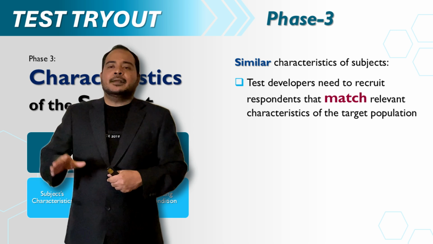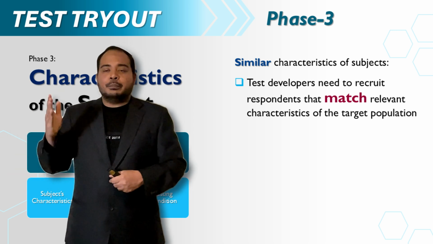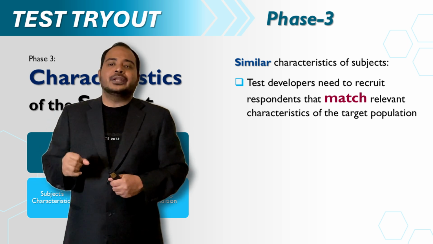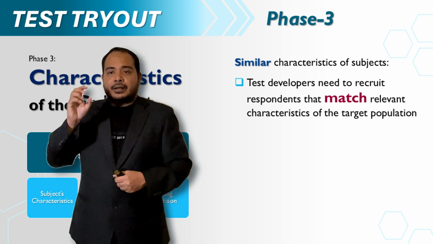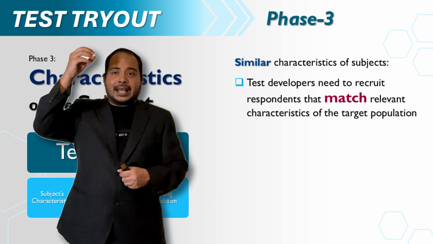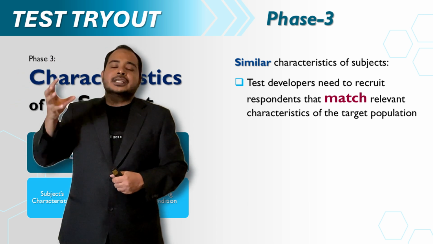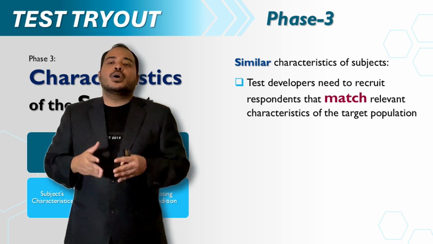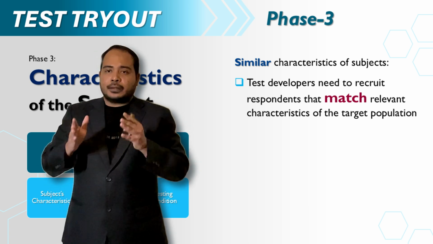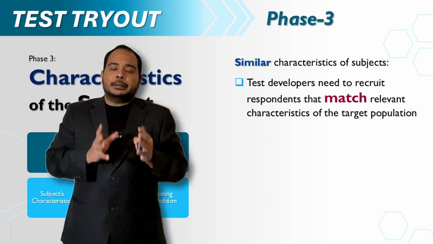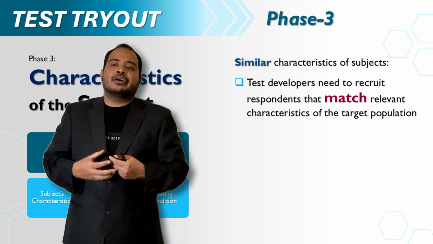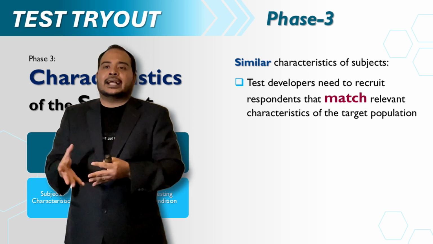Bear in mind, if they do this, they may not be able to acquire meaningful data. Why? Because the characteristics of their target population are not the same as the characteristics of the people who answer the tryout. So people who participate in the tryout must have matching characteristics.